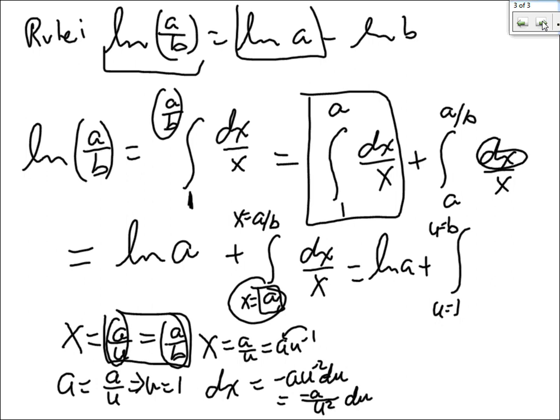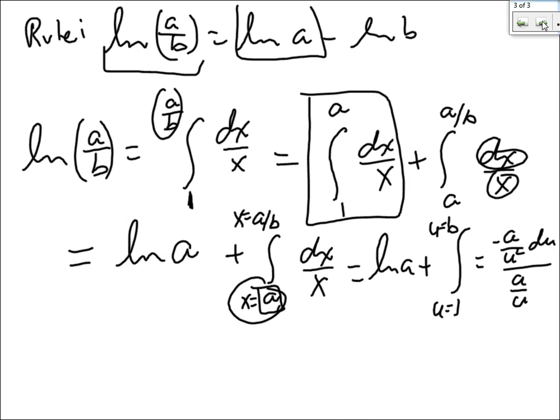So we have dx, negative a over u squared du, over x, which is a over u. Now let me erase this mess over here, and let's clean this up a little bit.